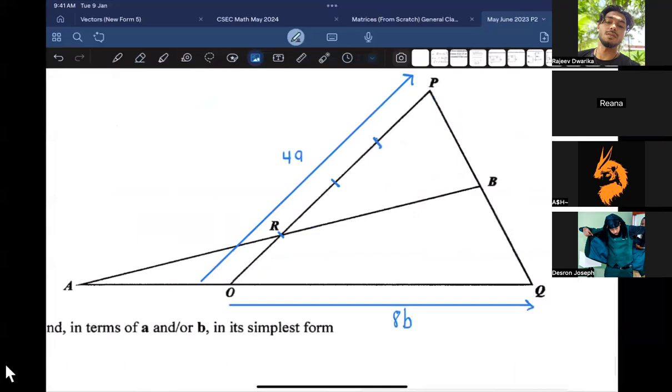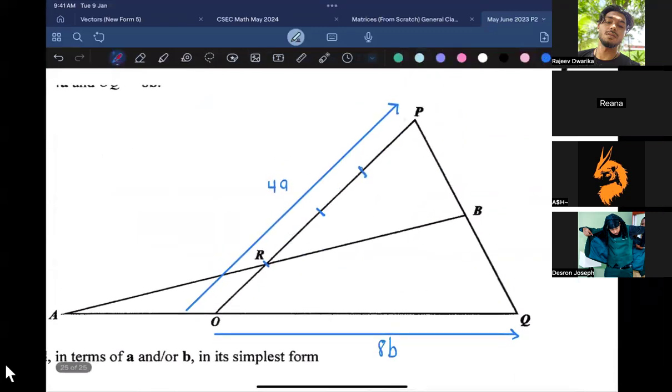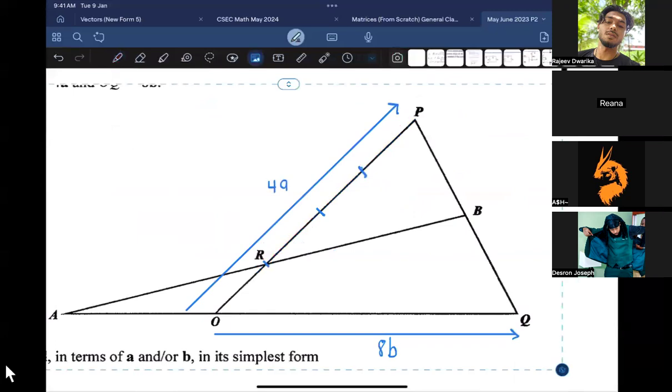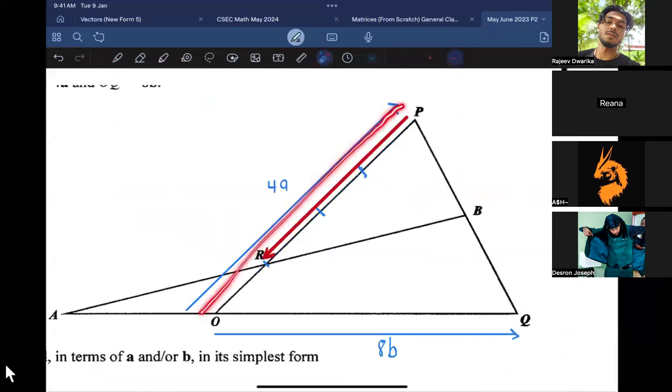So Sasha, P to R, that's this thing over here, right? Let me understand this. From O to P, that is 4 OR. So if this whole thing is 4A and it's taking 4 ORs, how much do you think one OR will be?